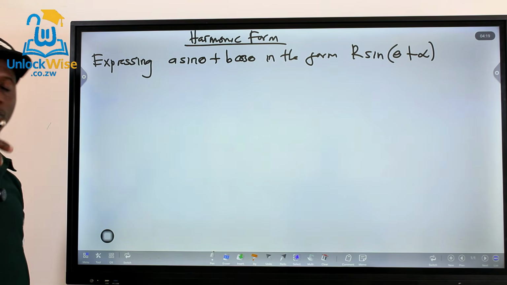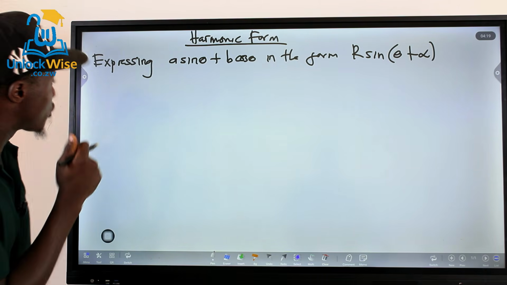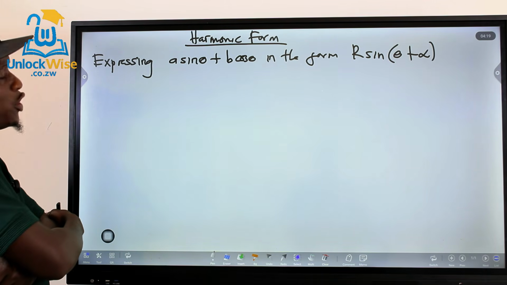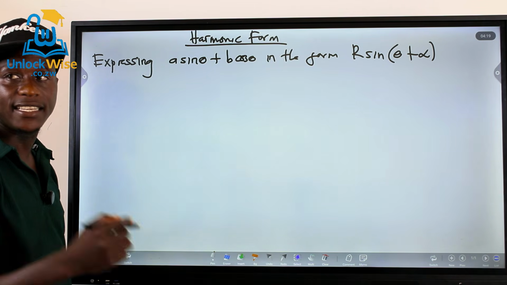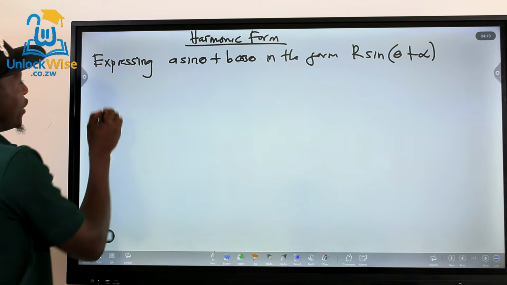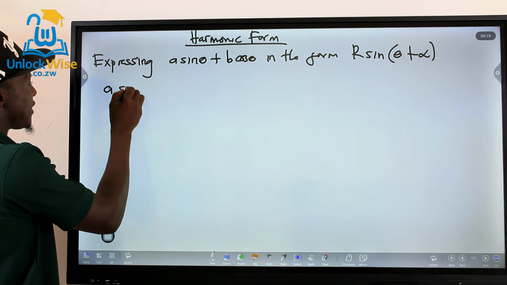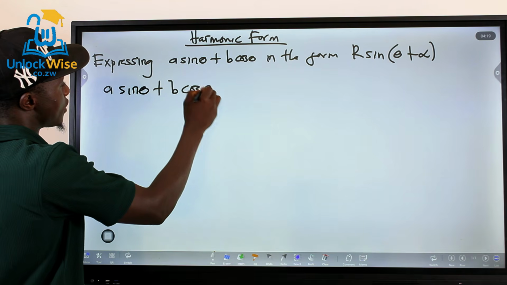I want you to be attentive, because this is a crucial topic. First of all, you need to understand which one starts first. Is it sine theta or cos theta? Given a sine theta plus b cos theta.